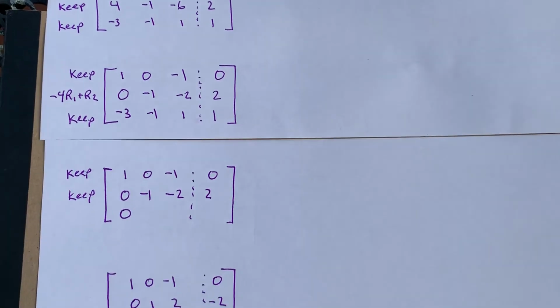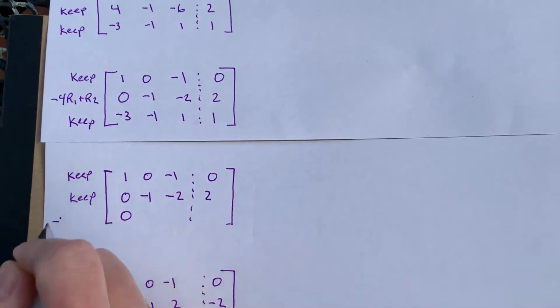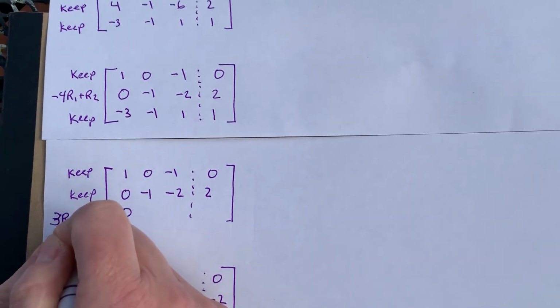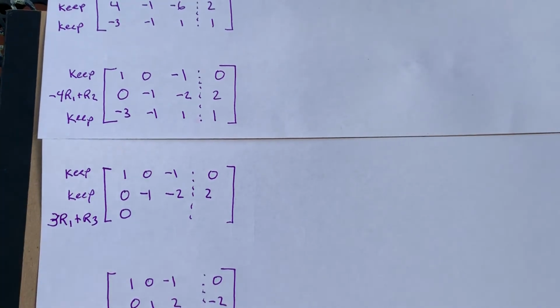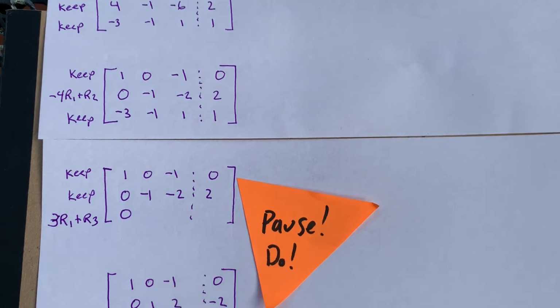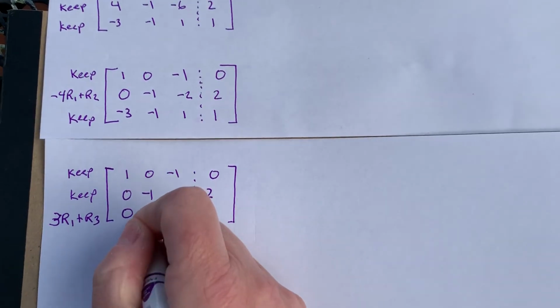So I'm going to keep the first 2 rows, and then I'm going to do the row operation of 3 times row 1 added to row 3. And again, I want you to pause and do that work. If you have hit play, it is because you are ready to go on.